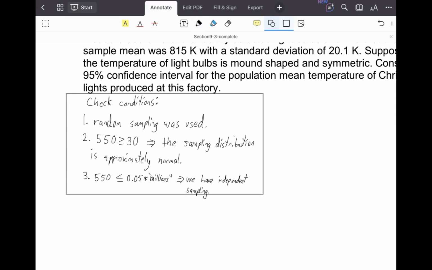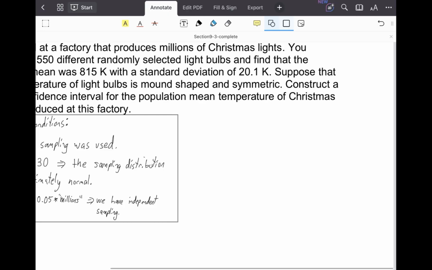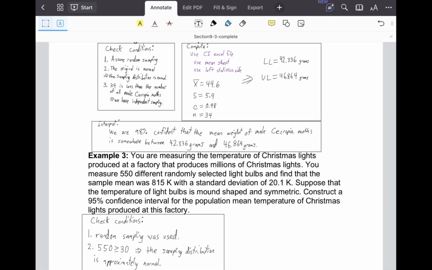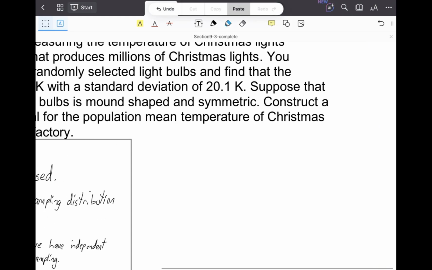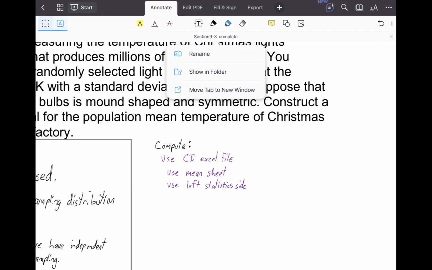Okay, those conditions are met, which is good. So we can move on to our computation. I'm actually just going to copy what I have here because it's the same sheet that we're using, though a different situation.